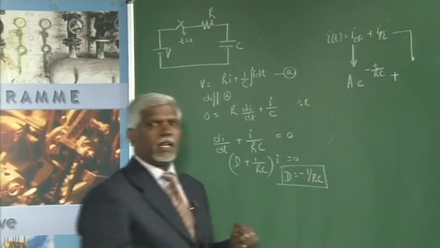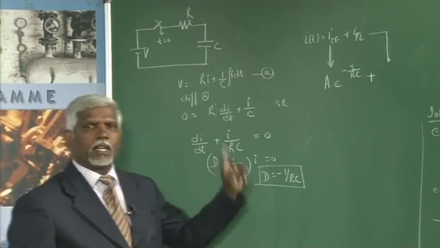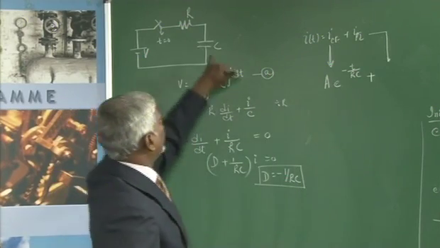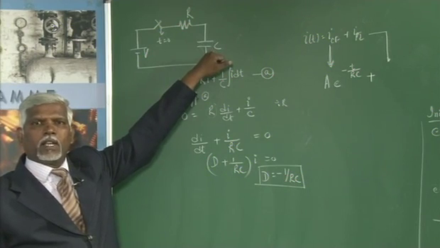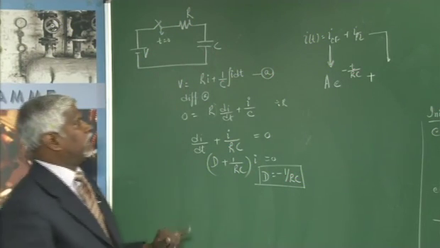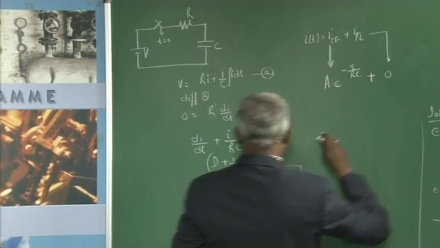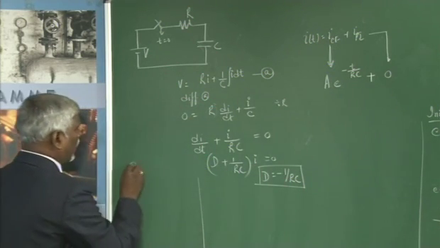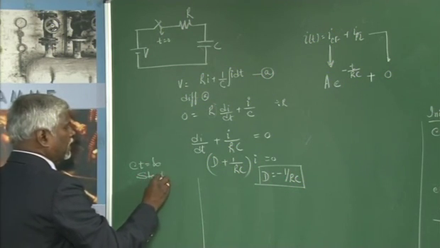The particular integral is the steady state current. Steady state current is the behavior of the element at t equal to infinity. At t equal to infinity, the capacitor acts as open, so the current will be 0. At t equal to infinity, this is called steady state.